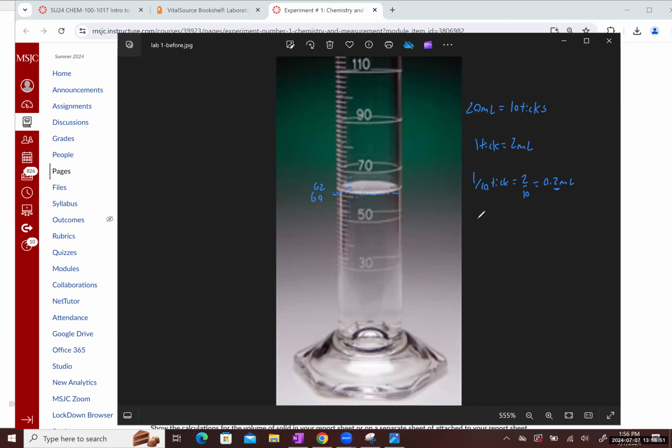So we can report our certain digits. I'm going to report 60 and then an estimated digit of 0.8. As long as the estimated digit's even, you're good to go. So we have 60.8 milliliters.